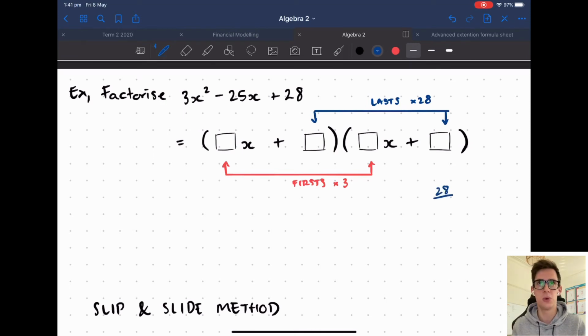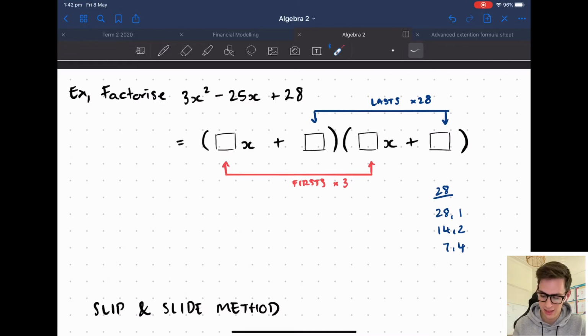We could have 28 and 1, we could have 14 and 2, 7 and 4 would work. I think that's it. So they're my factors of 28. They're the numbers, okay, that are going to go here and here. One of these pairs, but we need to figure out which one.